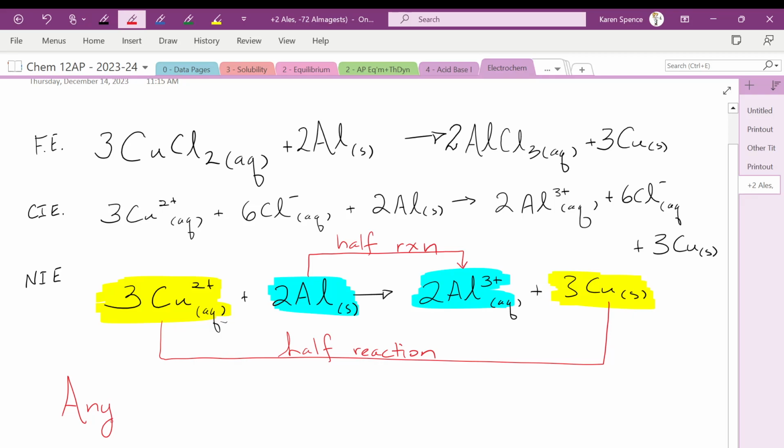Are we familiar with the term redox? Okay, if you are not familiar with the term redox, make sure that you get a copy of 6.1a and watch the Tyler DeWitt video because it goes over what redox means. Redox means oxidation reduction reaction.